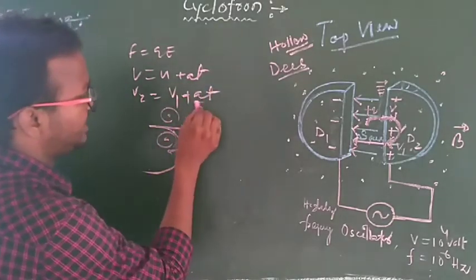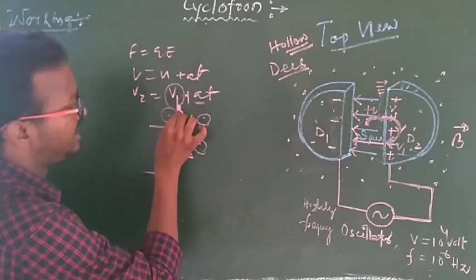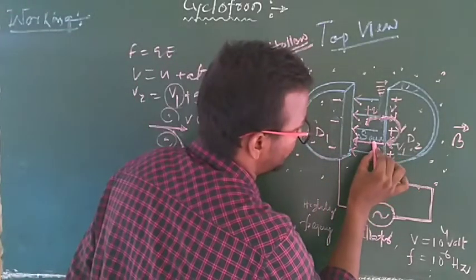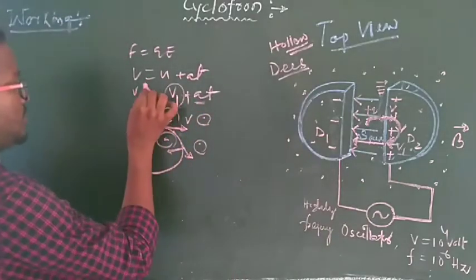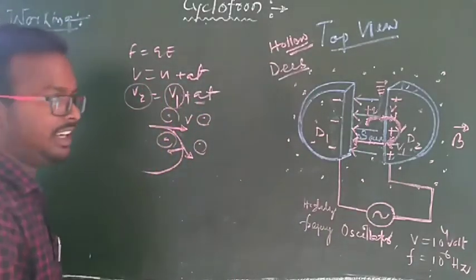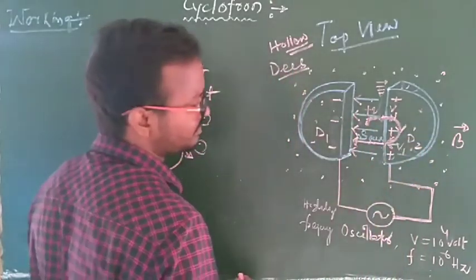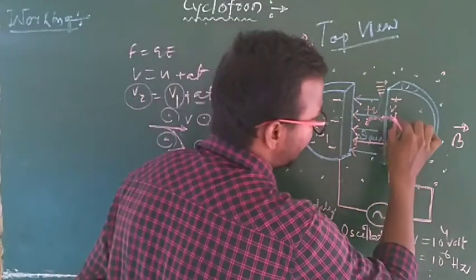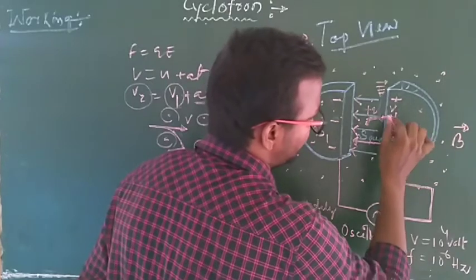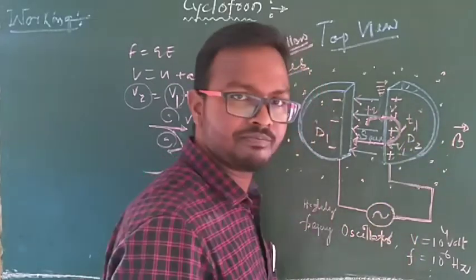Clear? Acceleration is constant and V1 is the initial velocity. When the charged particle is exposed to the electric field, it changes its velocity to V2 and describes a semicircular path. Clear? Similarly, suppose the time taken to describe the semicircular path is T1.